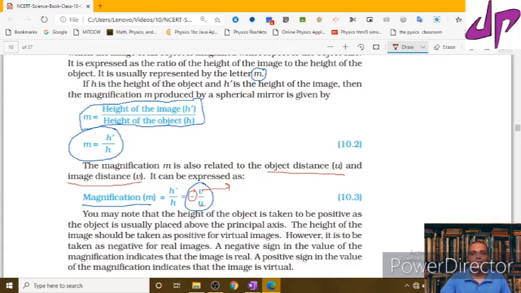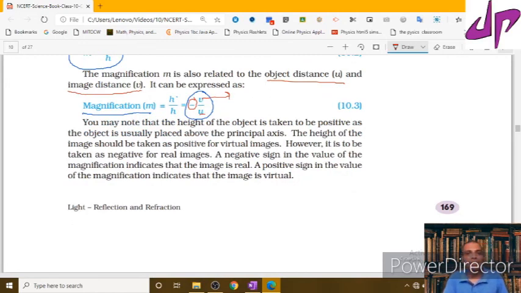Now if you read NCERT further, you will understand the important points here. The height of the object is taken to be positive, because the object is usually placed above the principal axis, so it automatically goes to positive. The height of the image should be taken as positive for a virtual image, because a virtual image always forms on the other side of the axis, so the height goes to positive.